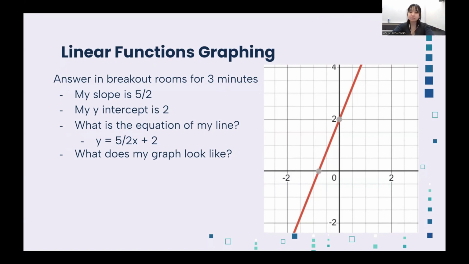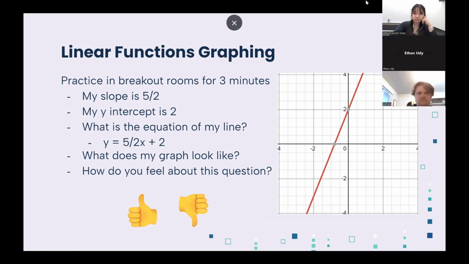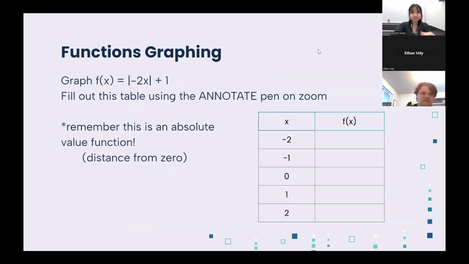It's a little bit harder. All right, so it looks like you guys got it. Fantastic. How'd you guys feel? I feel pretty good about the y equals mx plus b. Great. Awesome. So let's go ahead and move on.